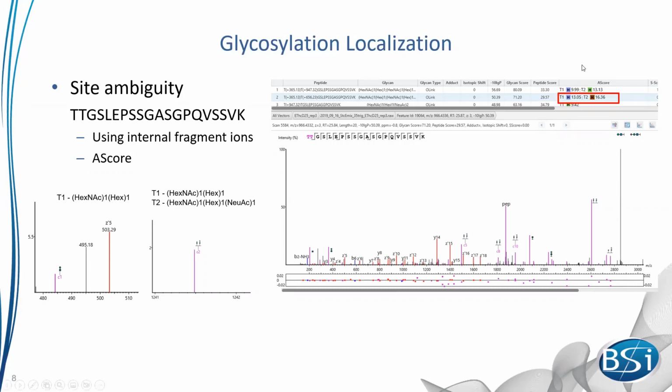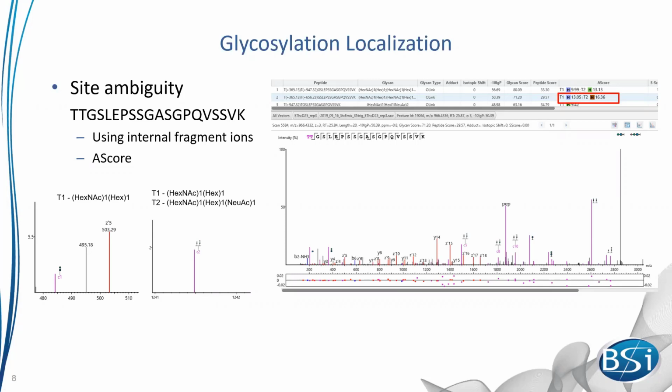One way to measure whether or not the localization is correct is by using an A-score. This is what we've typically done in Peaks Studio, where we provide the A-score as a -10 log P, where generally speaking, a p-value of 0.01 is equal to a -10 log P of 20. So generally speaking, 20 or greater is a p-value of 0.01 or less.